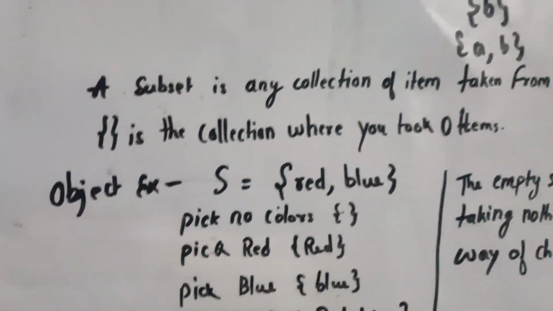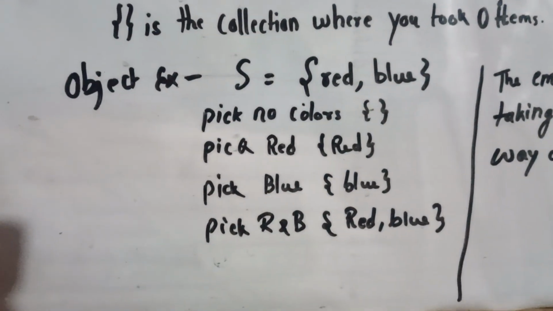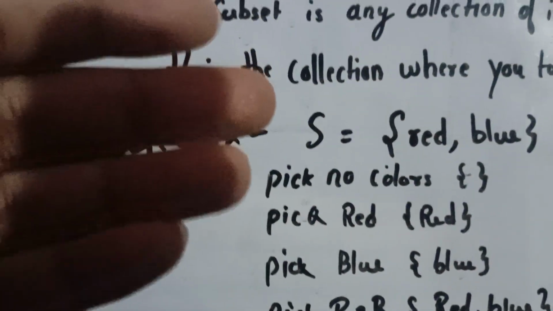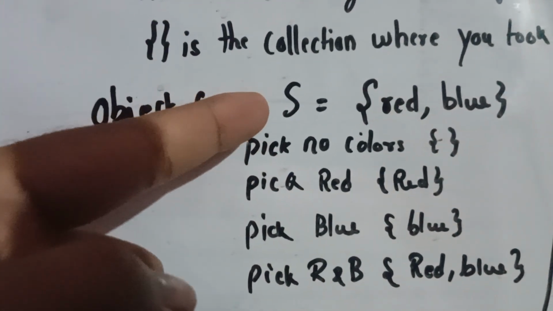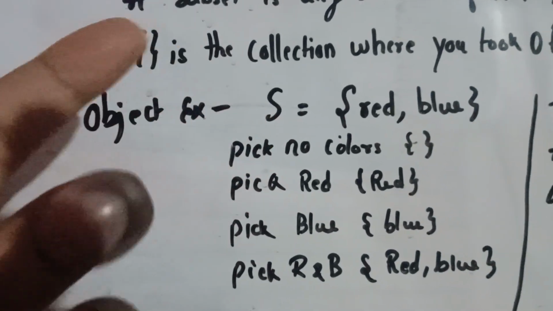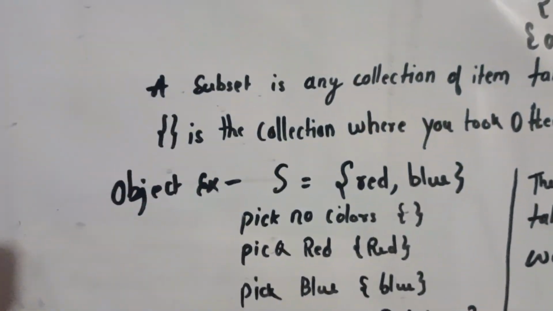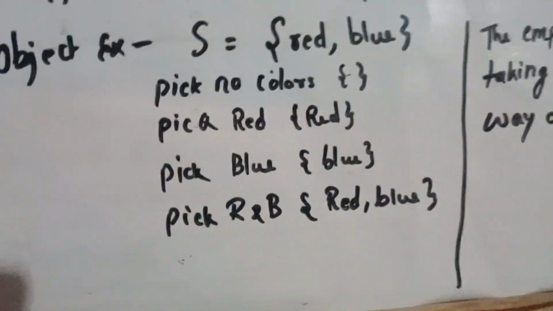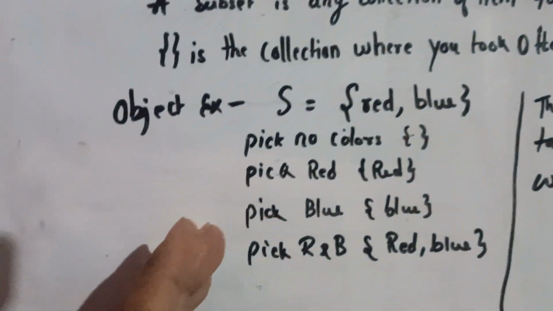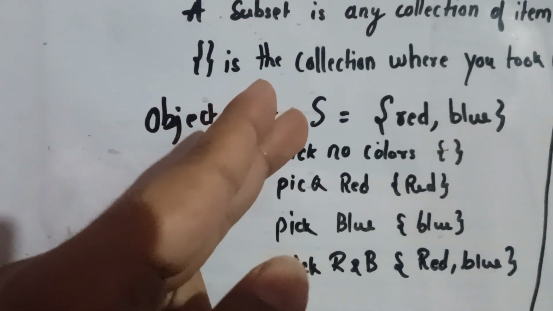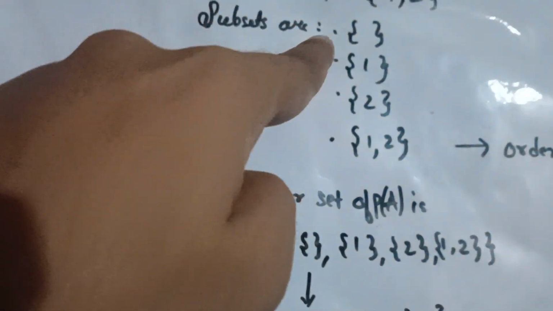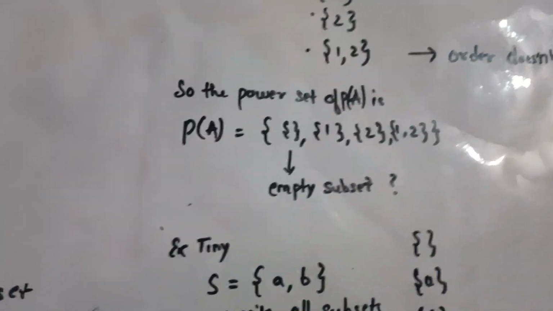So that's all the possible subsets of the power set of this thing S, we can say, right?